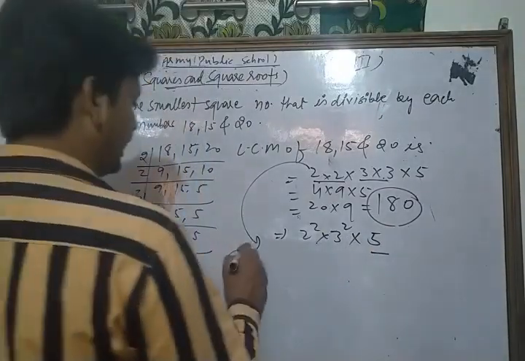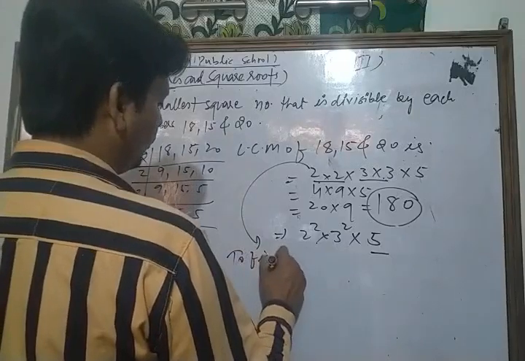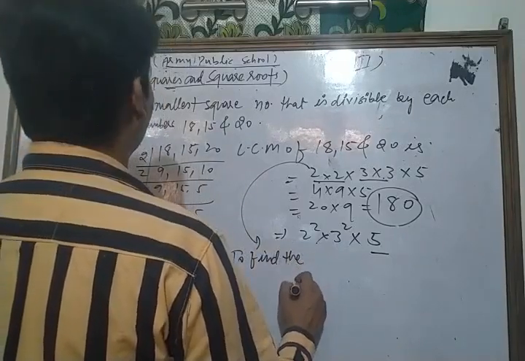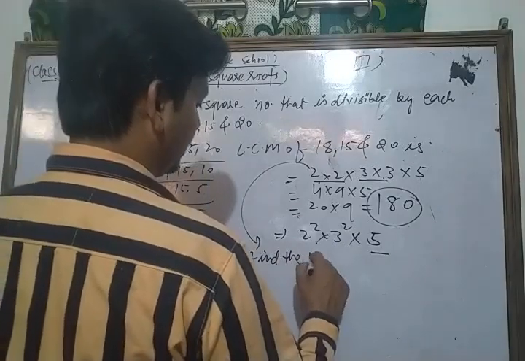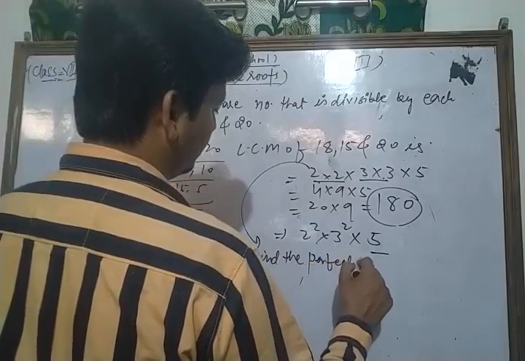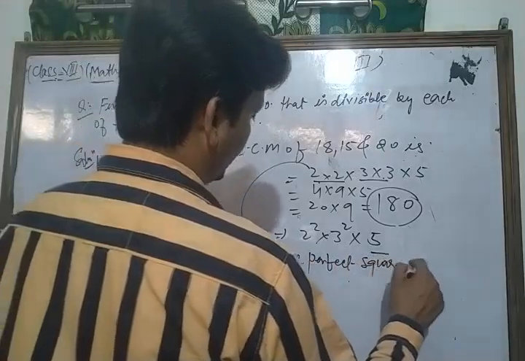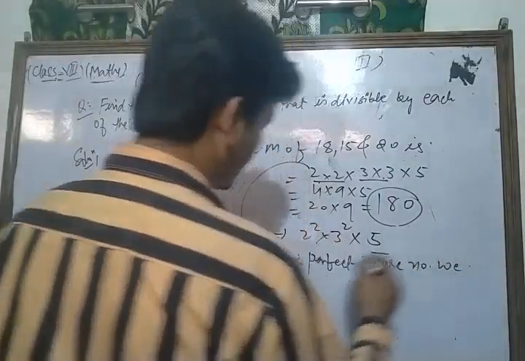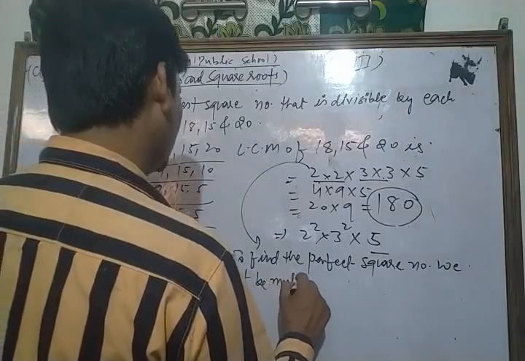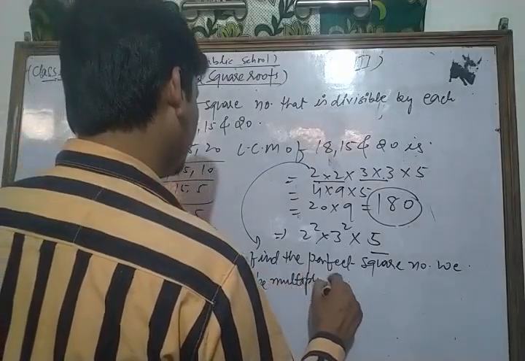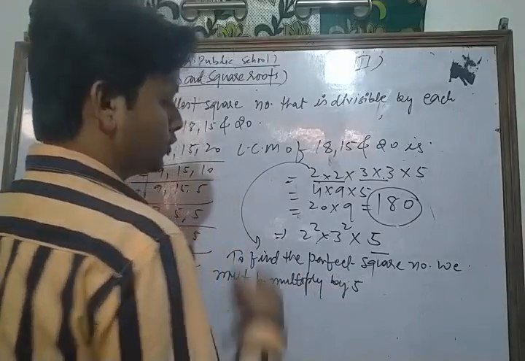So to find the smallest perfect square number, we must multiply by 5.